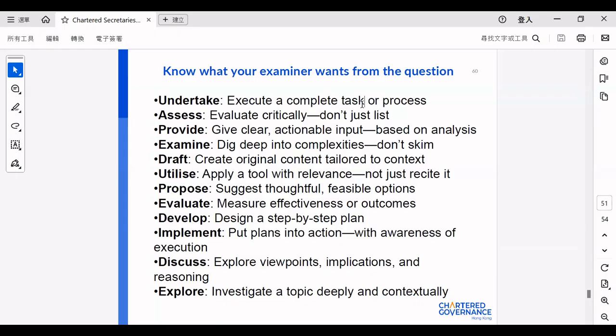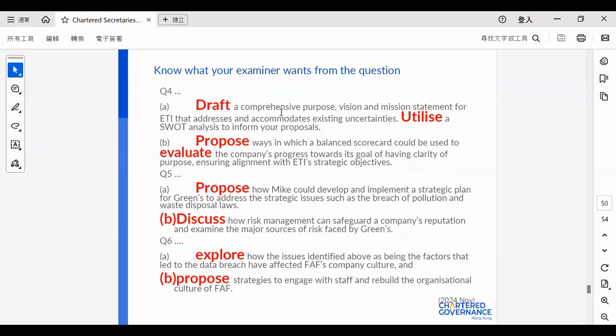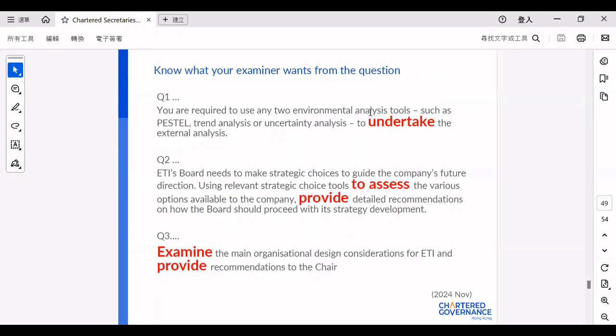So what the examiner expects from you when you say undertake the analysis is that you have to apply the PESTLE tool or the trend analysis or other tools. You don't just describe the tools. You have to apply and analyze how the external factors are relevant to the case. So that's called undertaking the analysis.